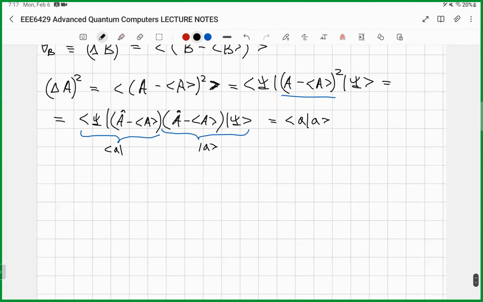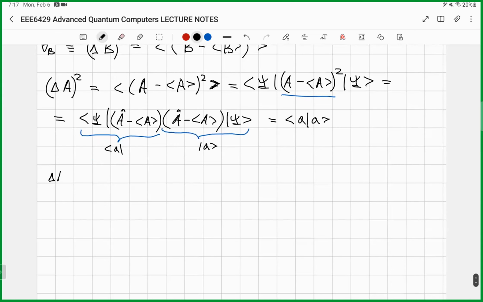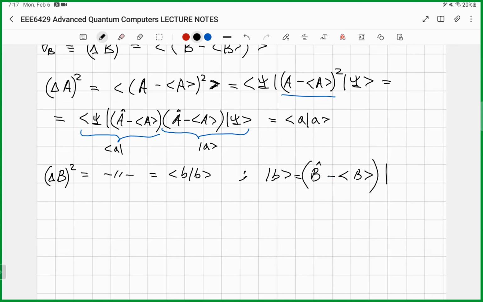And the same way for the operator B, for the deviation of operator B, I can do basically the same thing, and as a result I will get this inner product of B and B, where vector B is B capital minus B expectation times the same state psi.